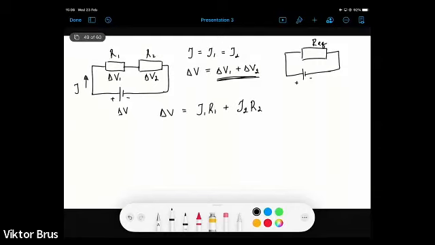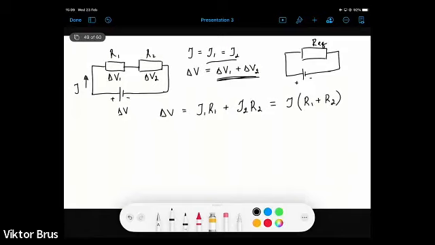Taking into account that I1 is equal to I2, and that is equal to I, we can take it out of parentheses. So we will have I times (R1 plus R2).